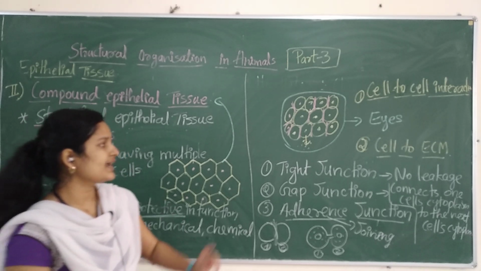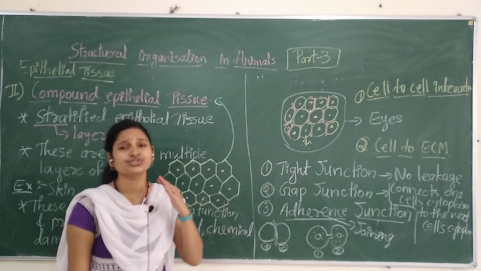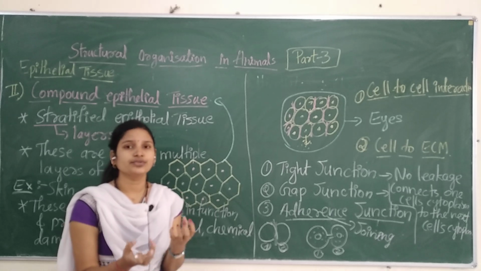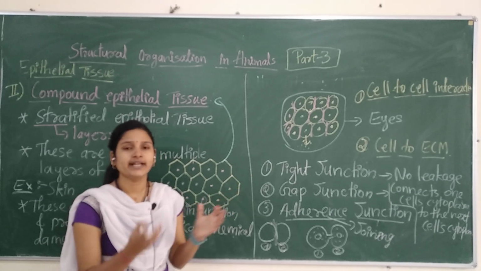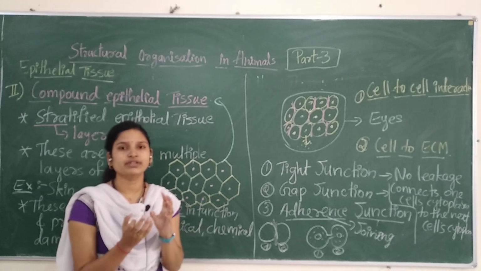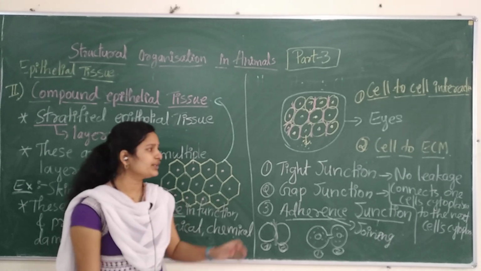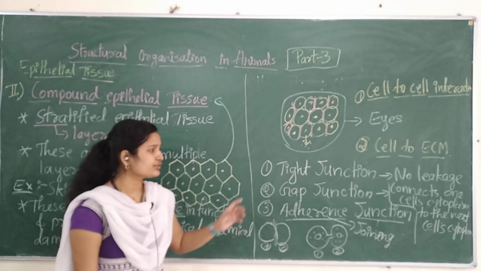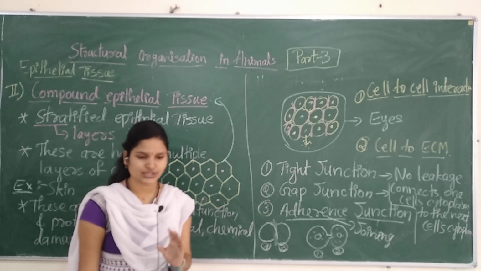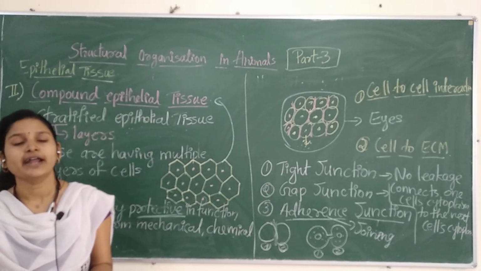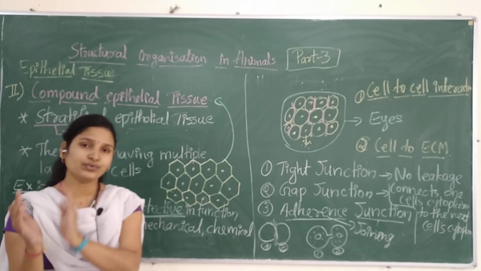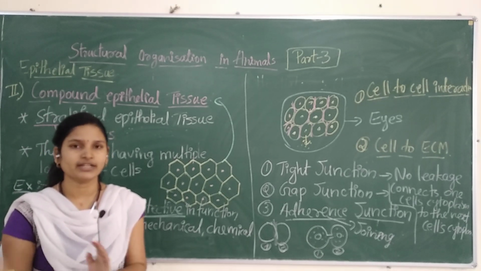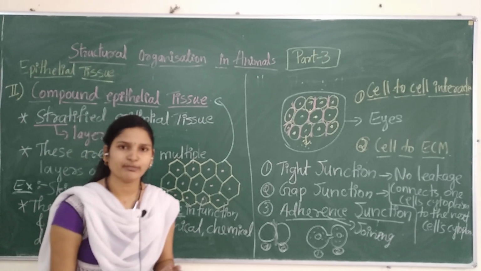So understand, because of the presence of certain junctions, I mean certain interactions, cells interact with one another and perform one particular function. That is the reason why your heart is situated exactly at the center and why your heart cells are present only in that particular part, and not in other parts of the body.